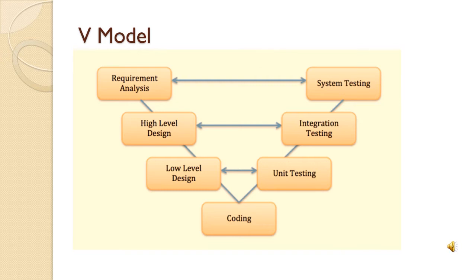In each development phase, along with the development of the work product, test case design and the plan for testing the work product are carried out, whereas the actual testing is carried out in the validation phase. The validation plan created during the development phases is carried out in the corresponding validation phase, which have been shown here. In the validation phase, testing is carried out in 3 steps, that is unit testing, integration testing, and system testing.